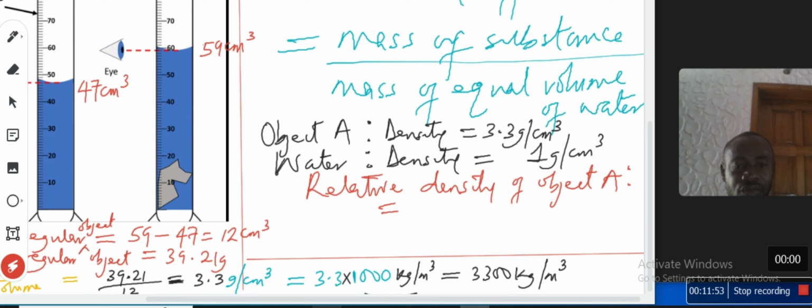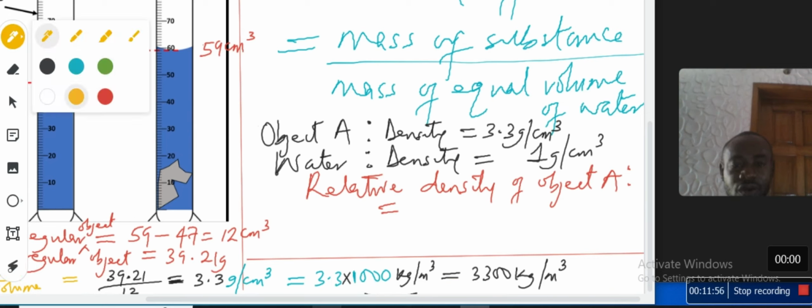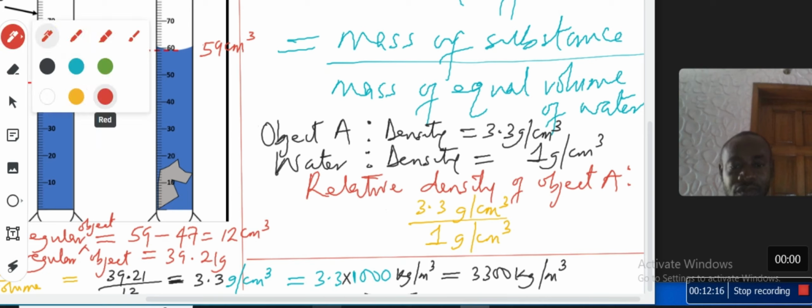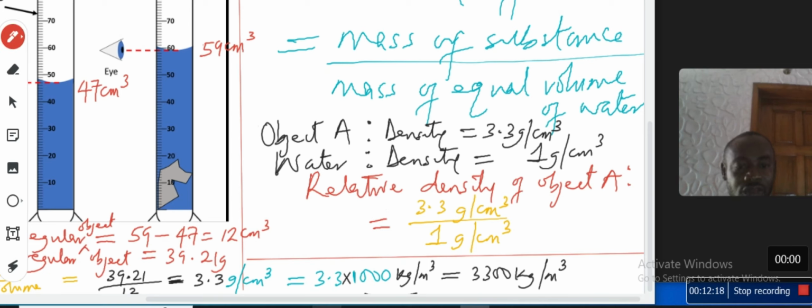So that would be 3.3 over 1. I'm writing the unit for a reason. Gram per centimeter cube over the one for water, which is 1 gram per centimeter cube. Did you see that? And what does that give us? Simply 3.3.